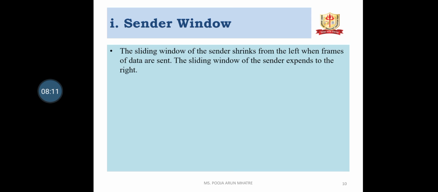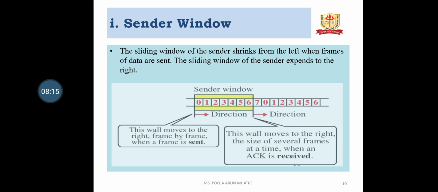Sender window. The sliding window of the sender shrinks from the left when frames of data are sent. The sliding window of the sender expands to the right.